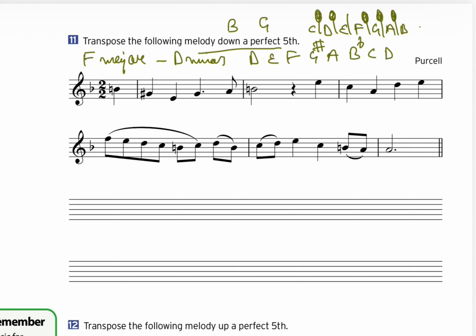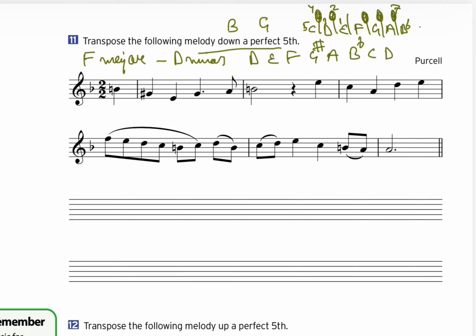And we have to go down a fifth. That means we note 7 semitones. So this is 1, 2, 3, 4, 5, 6, and 7. That means we are here at B flat. Okay, the 7th semitone would be B flat. So we will reach B flat major.